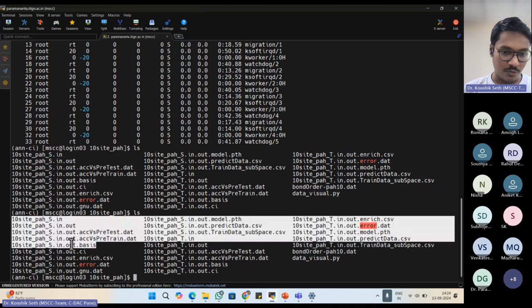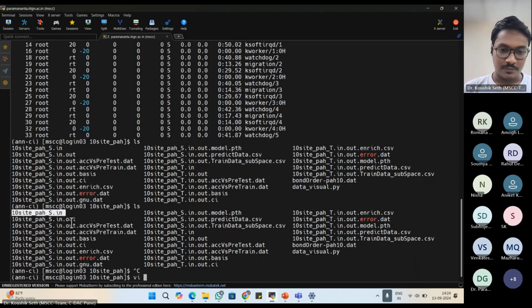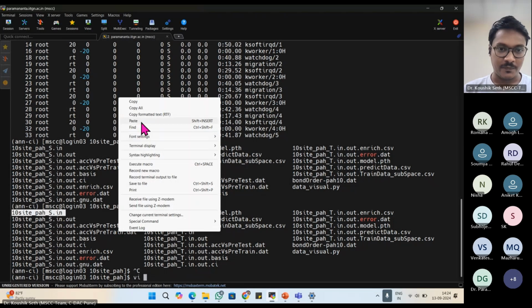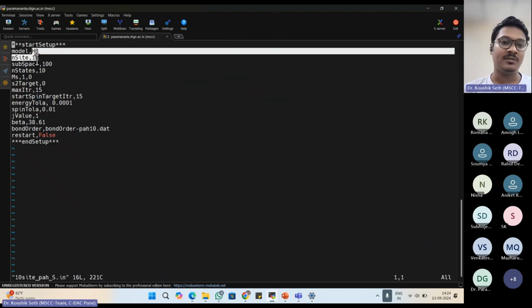So there are a total of 8 to 10 files. This is our input file, as I showed you, same as shown in the PowerPoint presentation. Please note that there is a file bond order hyphen ph10.dat.